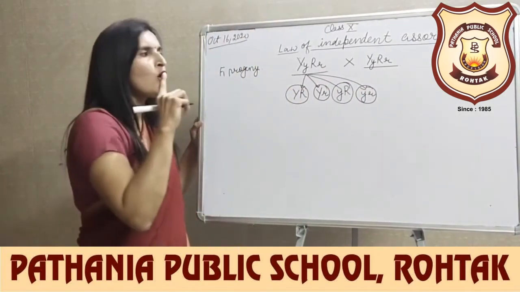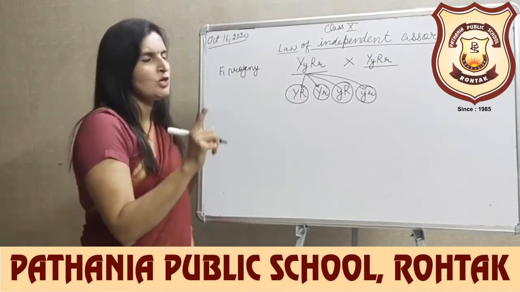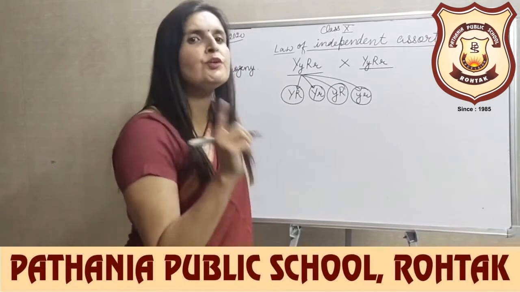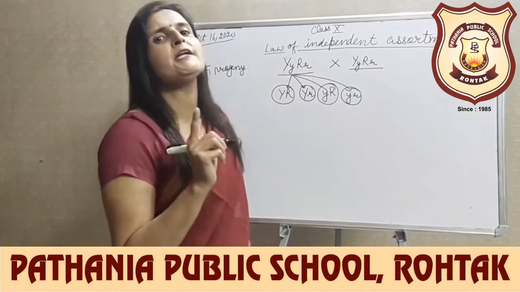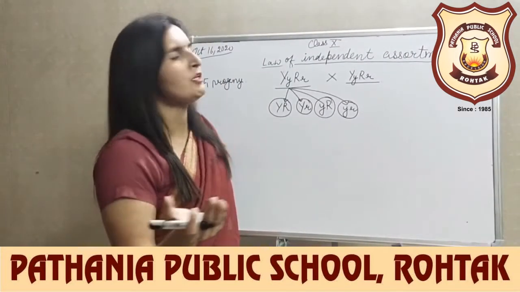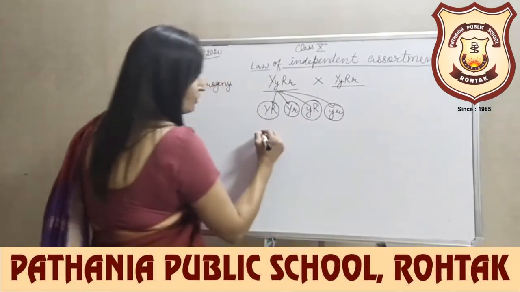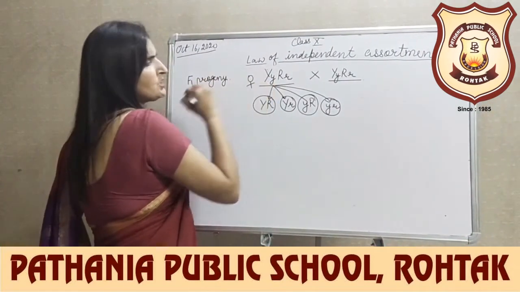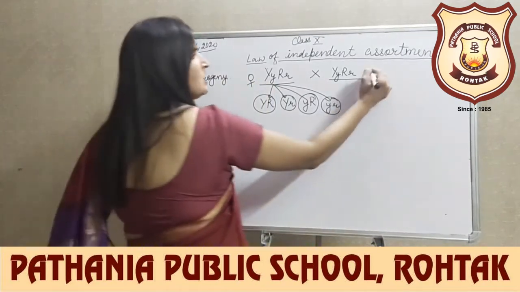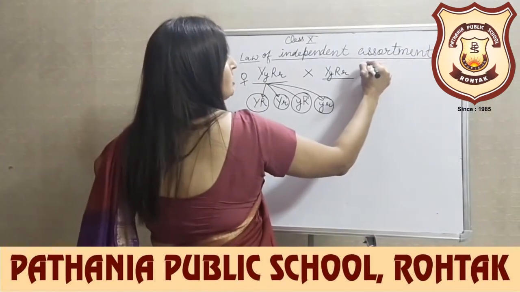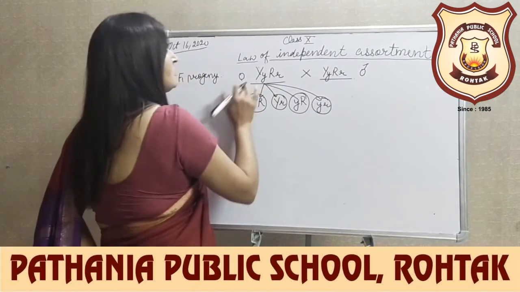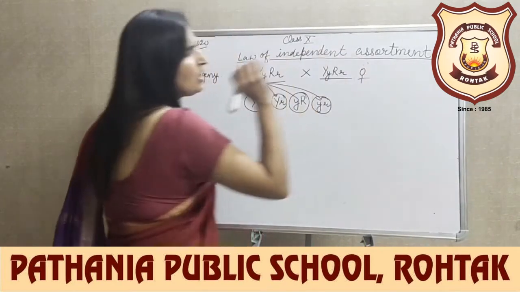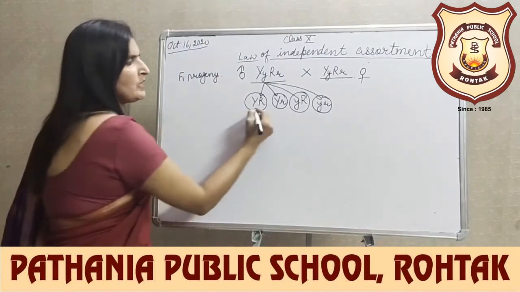Now, to obtain the ratio, here we need to draw a Punnett square to find out the new combinations and their ratios. These are the combinations in the male gametes, and these are the combinations in the female gametes.